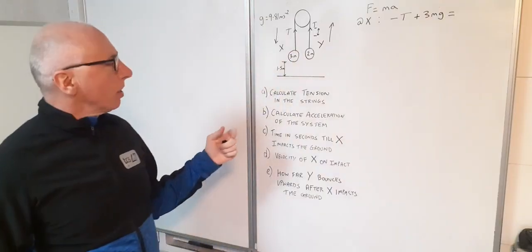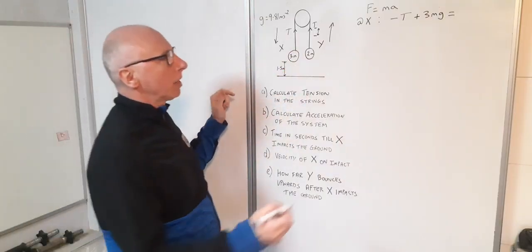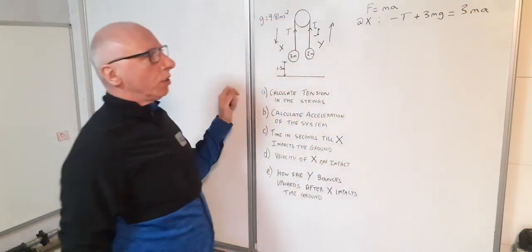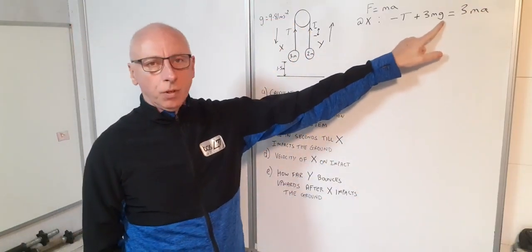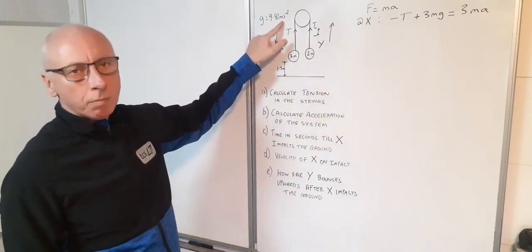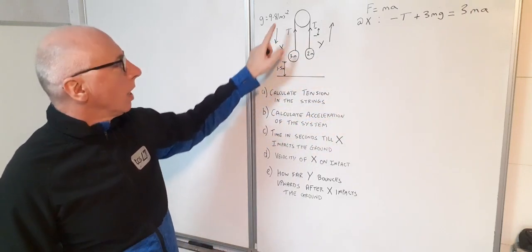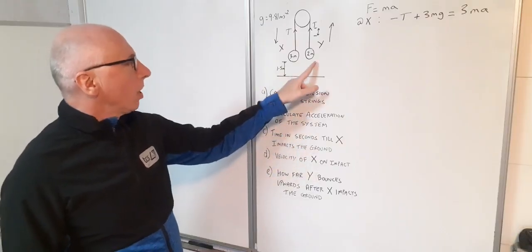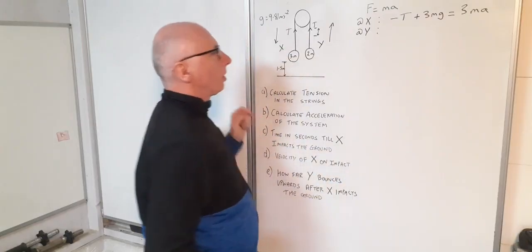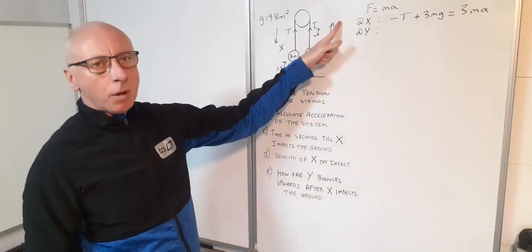And then the mass times acceleration is 3m times a. Here g is the acceleration due to gravity, which I've got set at 9.81 meters per second squared.